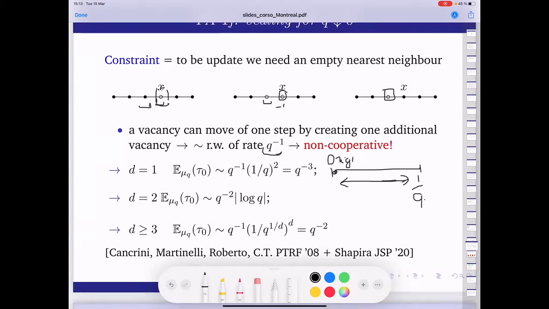Here there is complete symmetry, and it moves at rate q, so the typical time to make a move is 1 over q. So I will have a 1 over q in front, times a time which is the square of the distance. Hence the scaling 1 over q to the cube. I don't want to enter into the powers of the scaling for other dimensions, but in any dimension, modulo log corrections in 2 dimensions, it is a power law scaling, and in dimension bigger or equal to 3 it is always 1 over q to the 2.